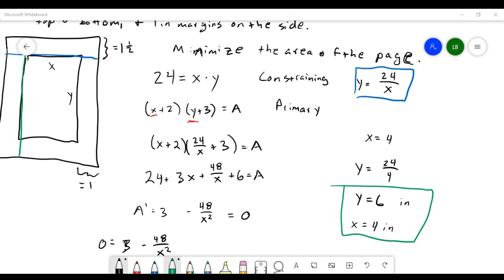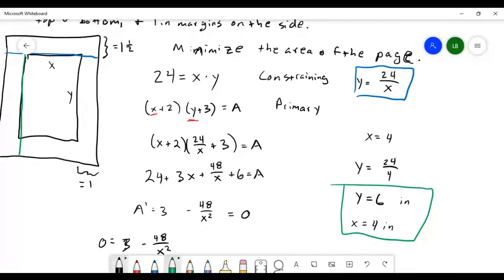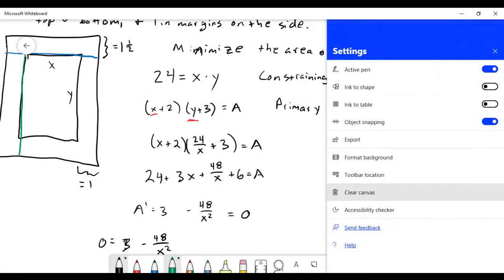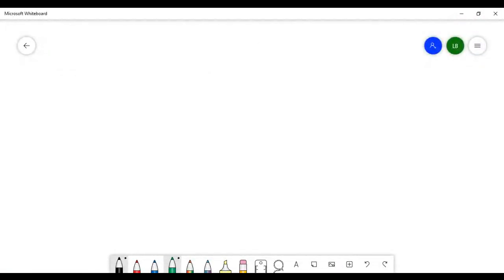There is one other topic for today, and that is differentials, which is not all that bad.